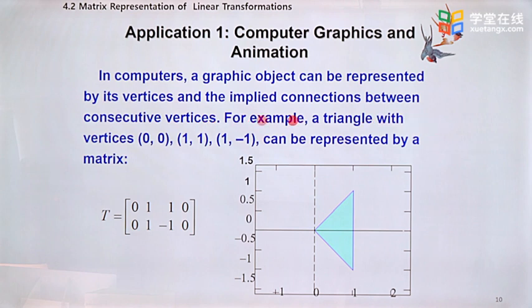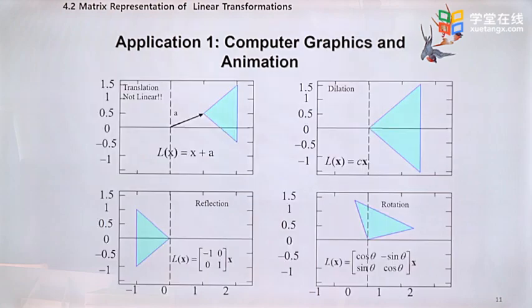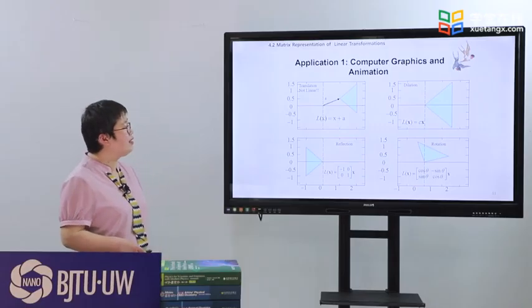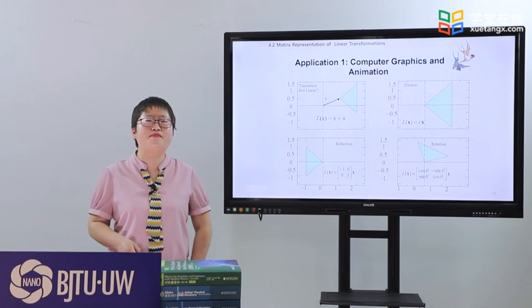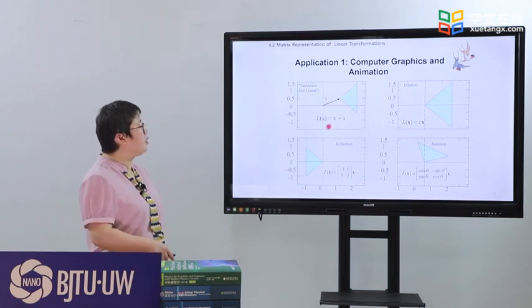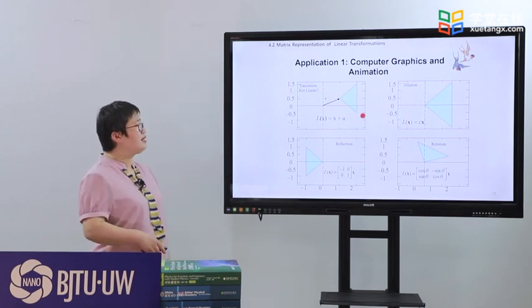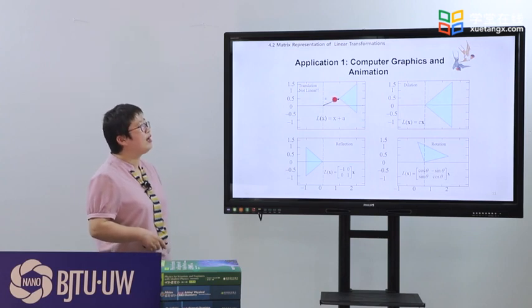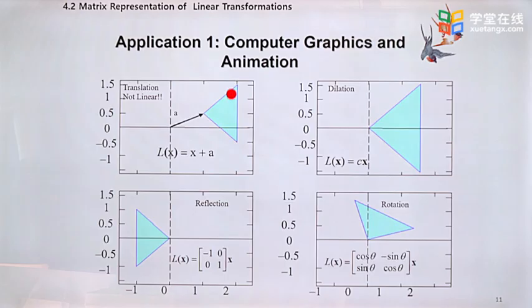For example, a triangle with vertices (0,0), (1,1), (1,-1) can be represented by this matrix T, from (0,0) to (1,1) to (1,-1) to (0,0) again. If we do this mapping, L(x) equals x plus a, you move the original triangle to a new position. This is a translation from the origin to a.